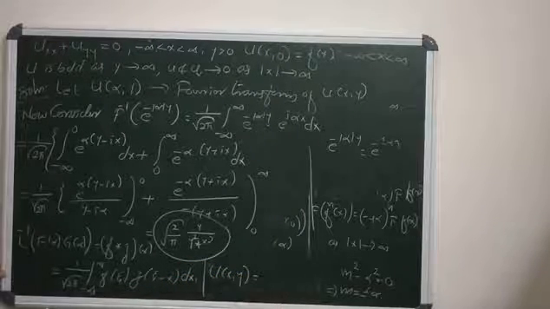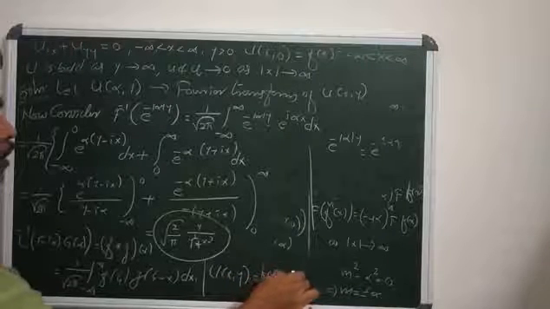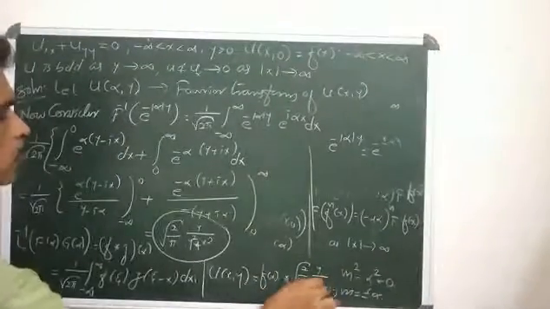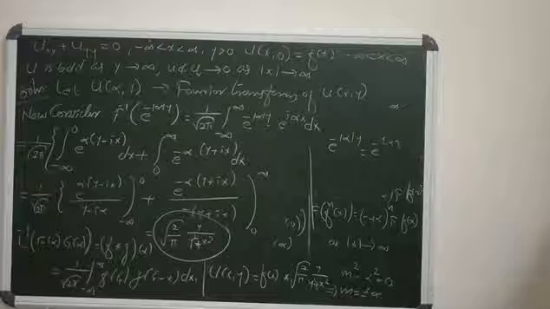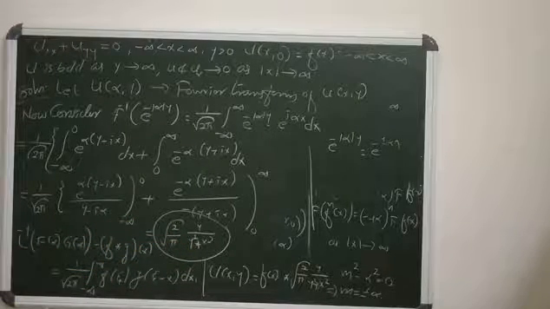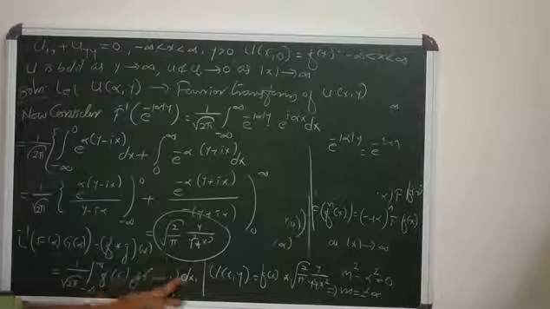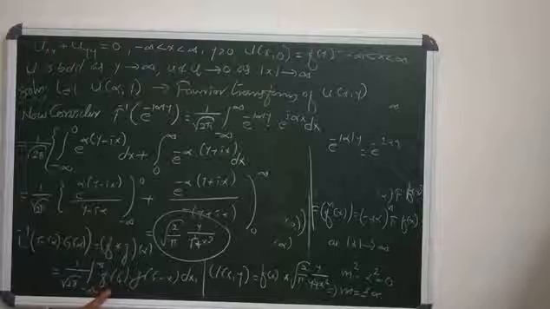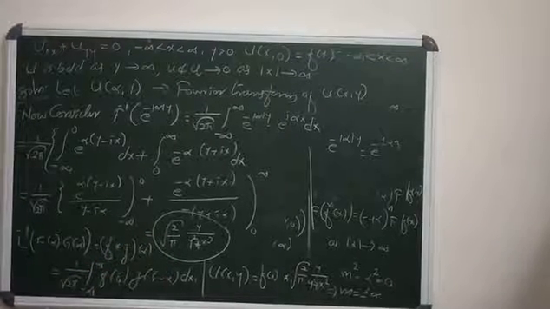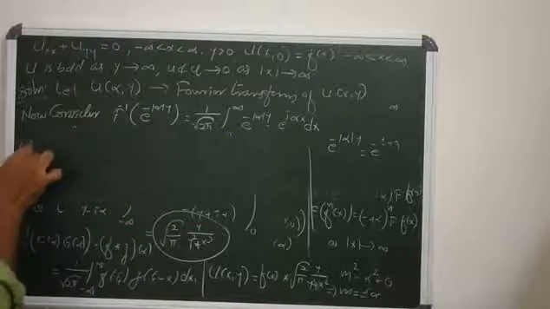What is u of x y? u of x y is f of x star square root of 2 by pi into y by y square plus x square. Then it is 1 by root 2 pi into integral from minus infinity to infinity f of theta g of theta minus x d theta.